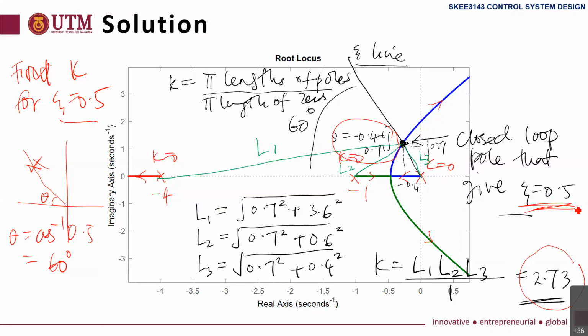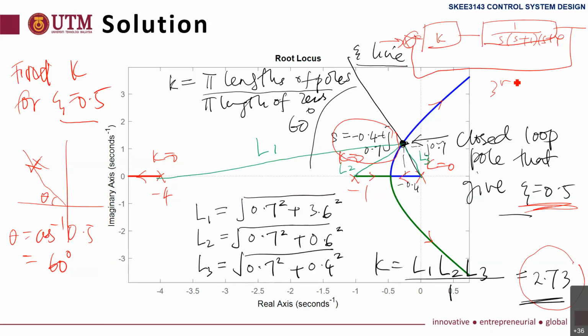Okay, similarly, because the system is K over S, S plus 1, S plus 4, the system is a third order system. We have 3 closed loop poles at one time.